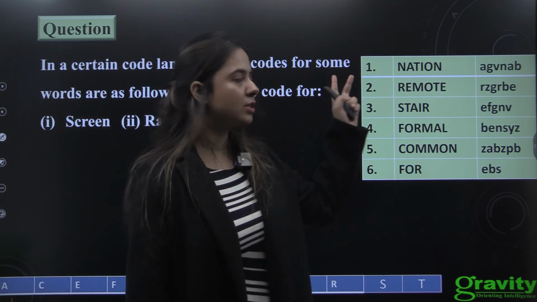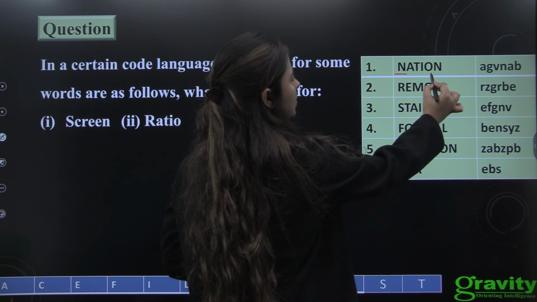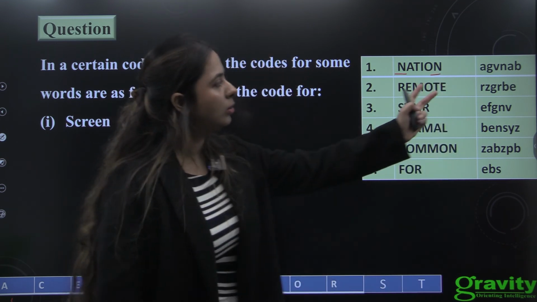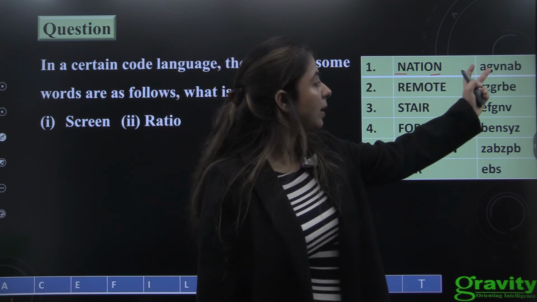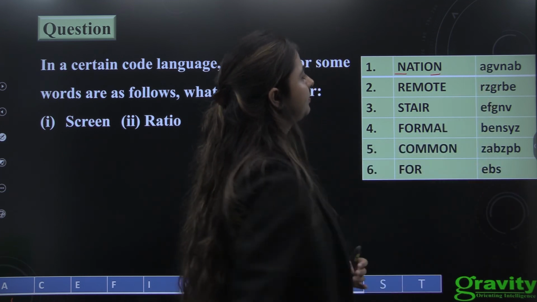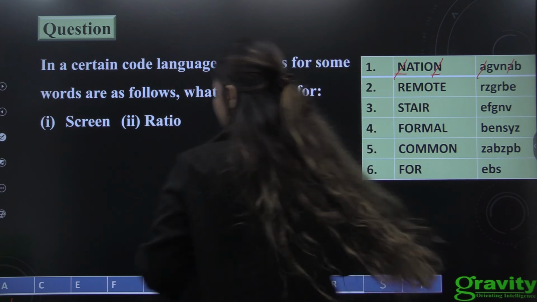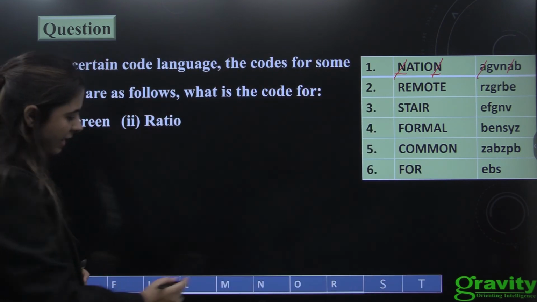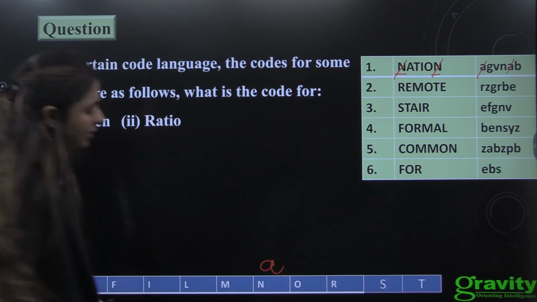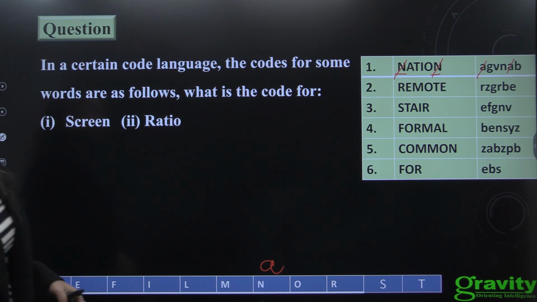Starting with the first one here. N comes twice in nation. The only letter coming twice here is A. So N is A. I am cancelling it so there is no confusion later on. N is A. Writing it here. Alright.